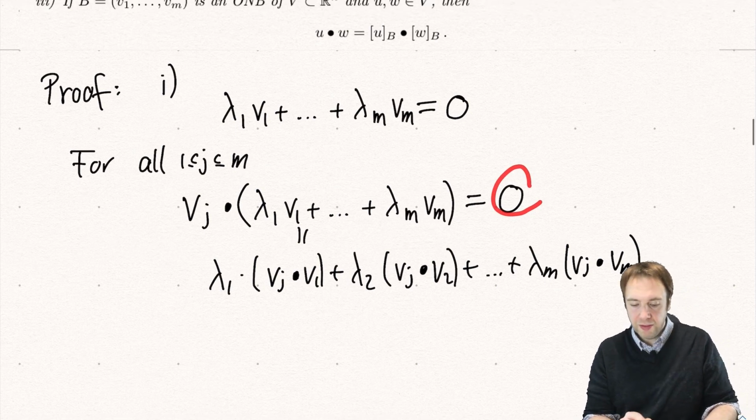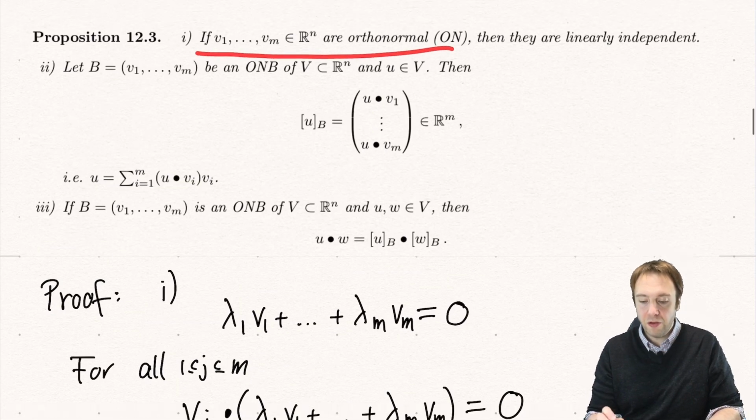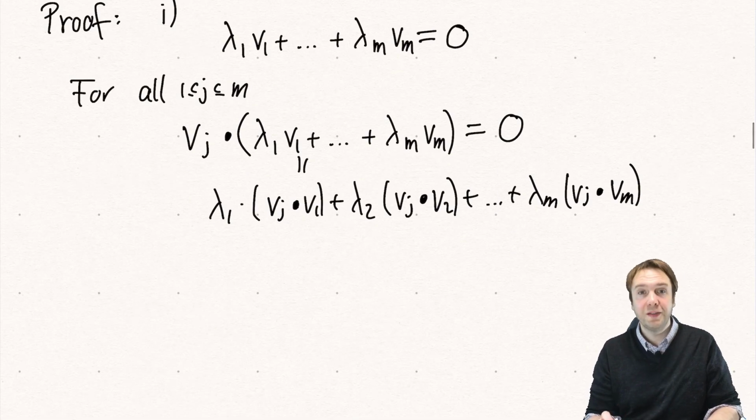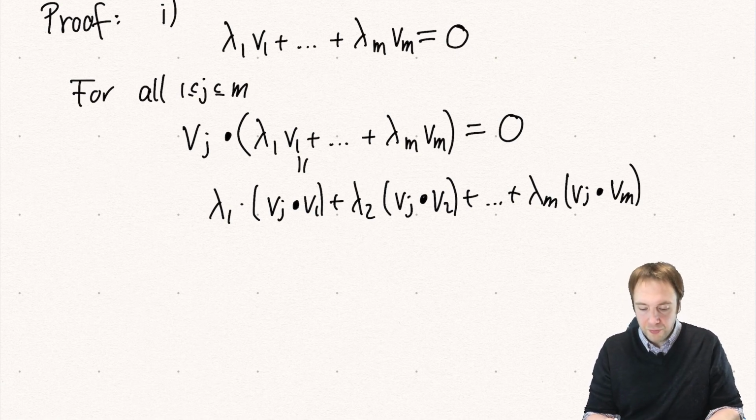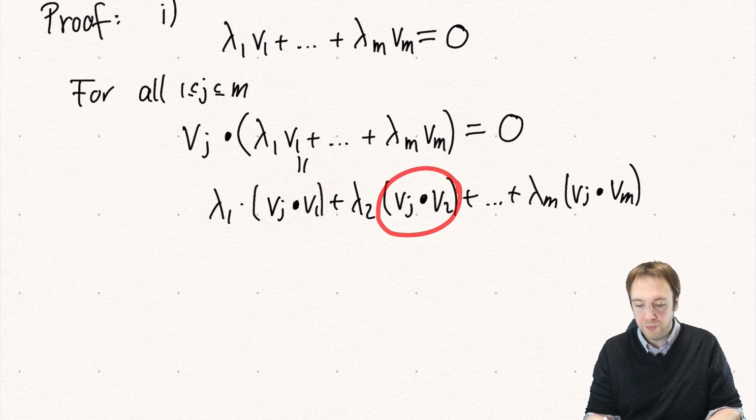And now we can use that these vectors are orthonormal. Orthonormal means that they are pairwise orthogonal. So, for example, if j is not 1, then this expression is 0, because the dot product of vj with v1 is 0. And here also this would be 0.